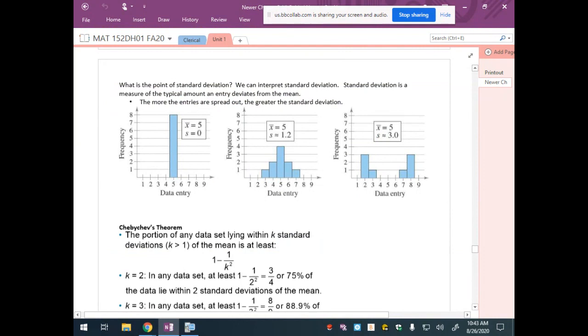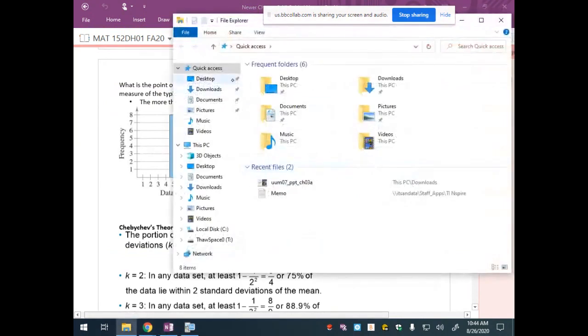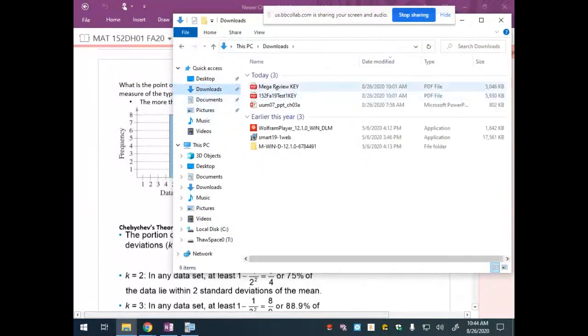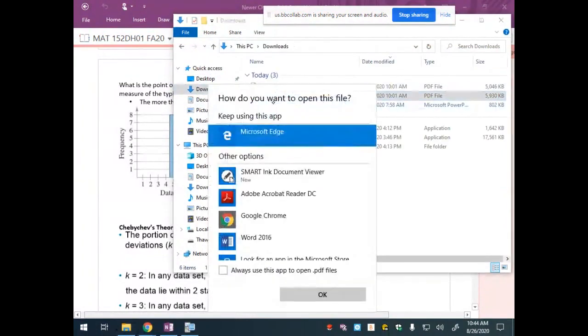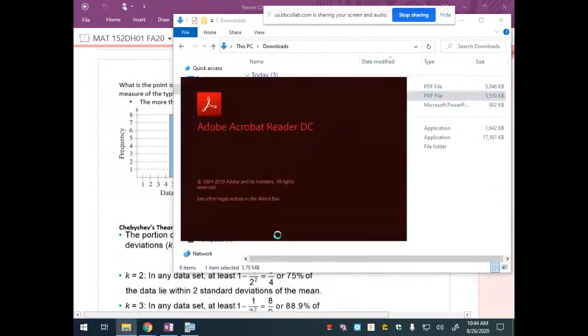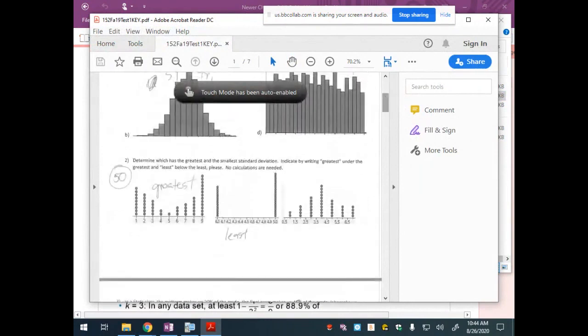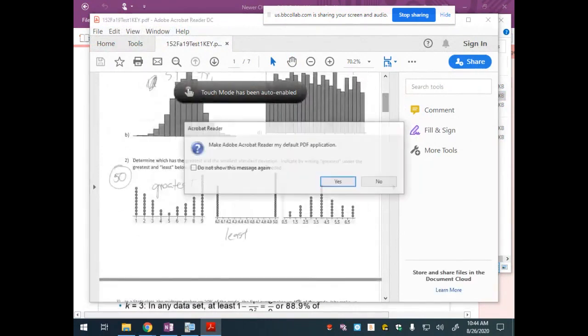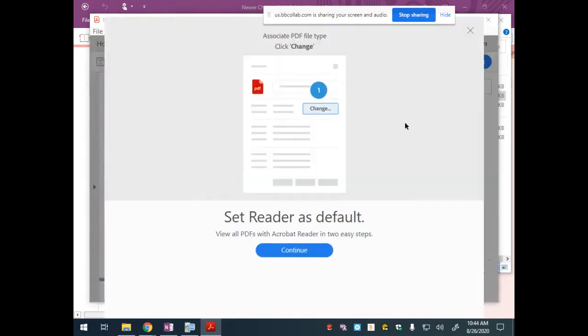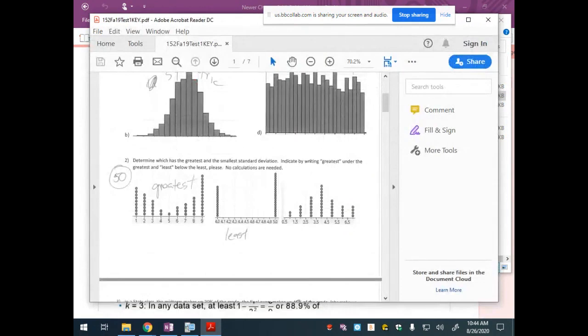Now, you're going to encounter a question like this on your test. In fact, I'll show you. It's not going to be this exact question, but you would determine which has the greatest and smallest standard deviation.